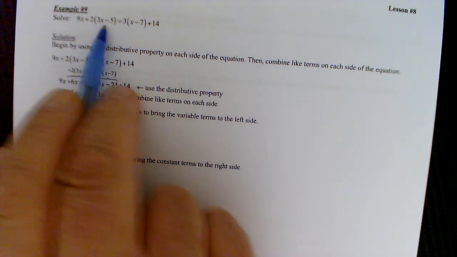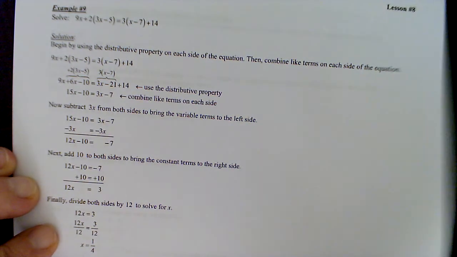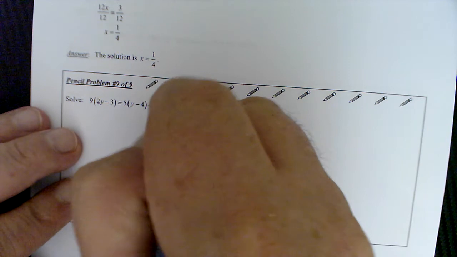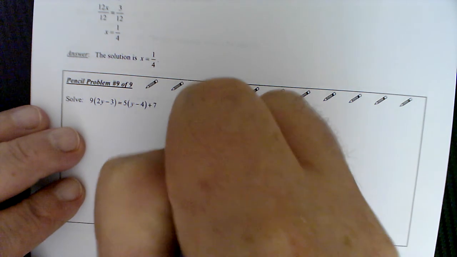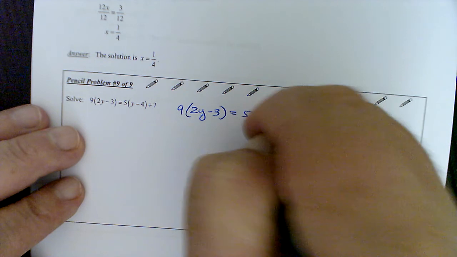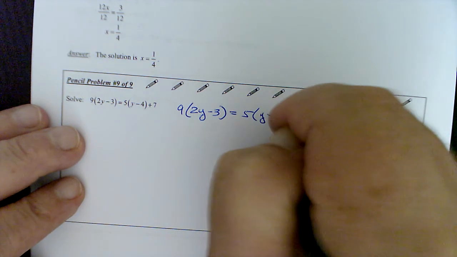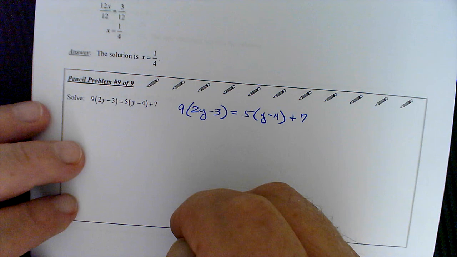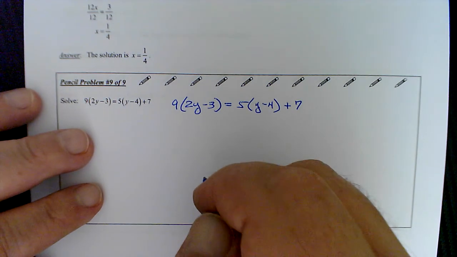Notice there's a couple sets of parentheses. And to the pencil problem, I'm going to recopy 9 in parentheses 2y minus 3 equals 5 in parentheses y minus 4, close the parentheses, plus 7. So the distributive property twice.